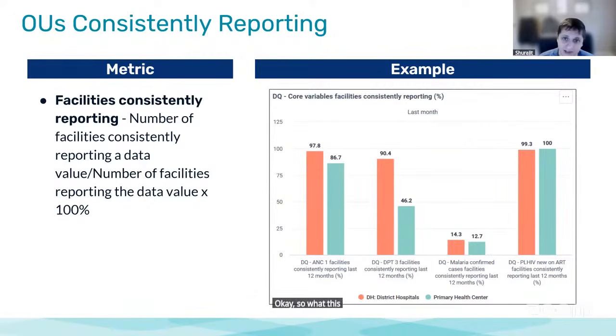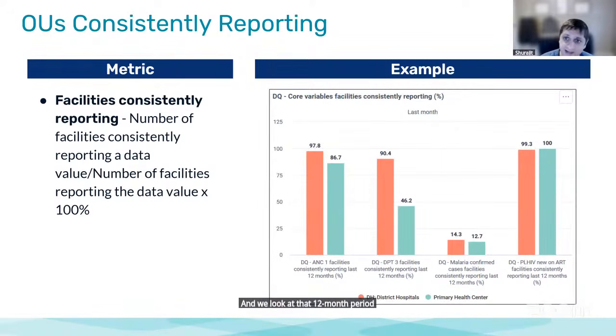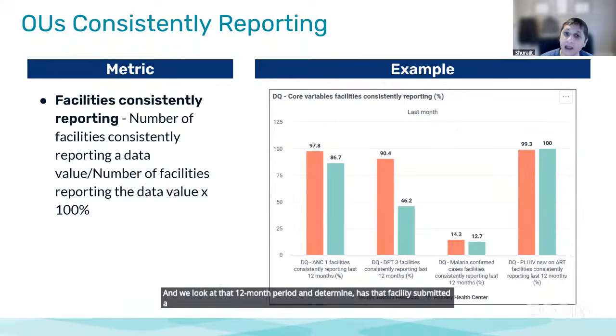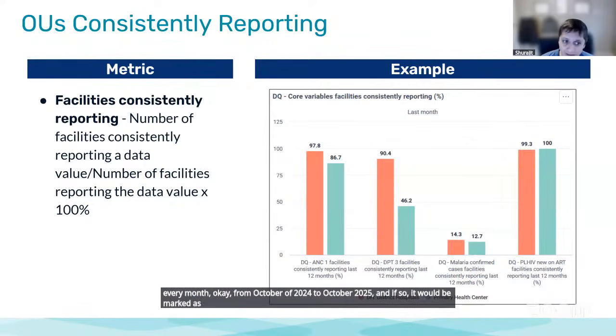So what this means is that now we're in November, right? So we could look at October of last year until October of this year, since November isn't over. And we look at that 12-month period and determine, has that facility submitted a value every month? Okay, from October 2024 to October 2025. And if so, it would be marked as a consistently reporting facility.